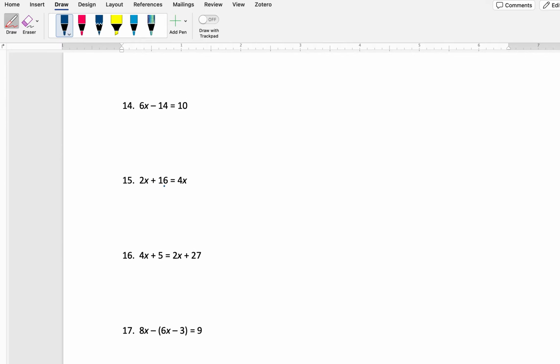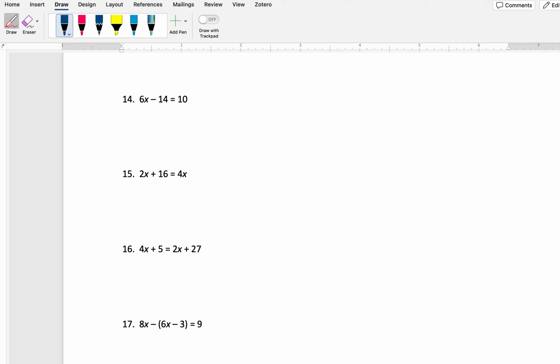Now we have some more complicated equations with multiple steps, where it's not as simple to just think about what the answer is, and solving algebraically is going to be a little bit more useful. So, when I have an equation like this, and I'm thinking about undoing my steps, what I need to do is kind of work backwards through order of operations.